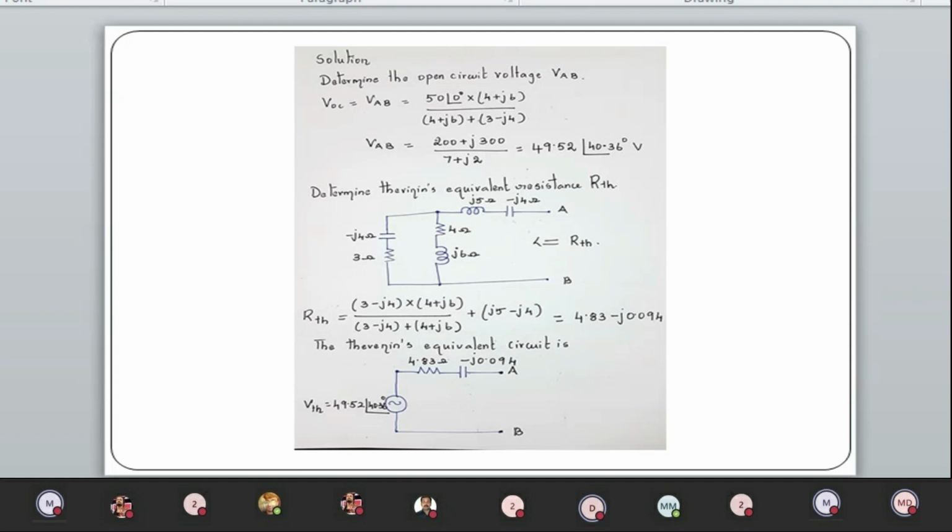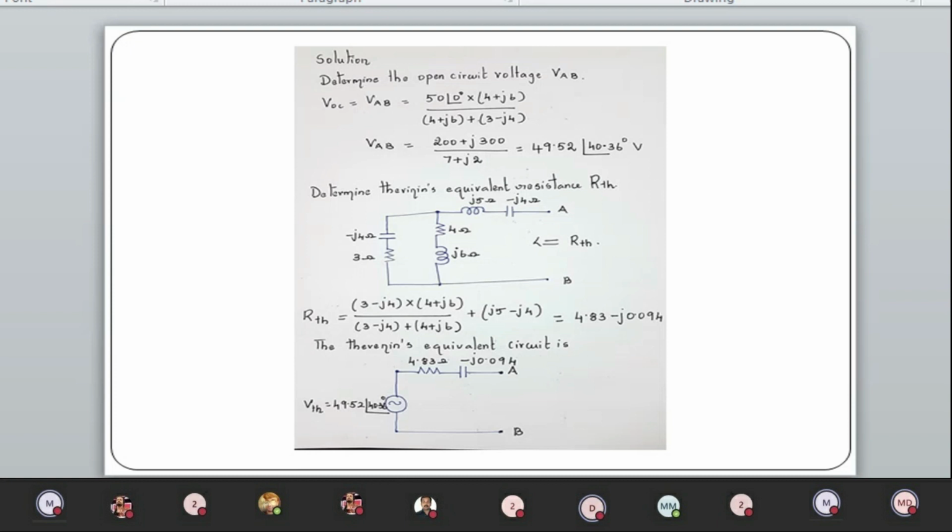So 50 into (4 plus J6) divided by (4 plus J6 plus 3 minus J4) is nothing but (200 plus J300) divided by (7 plus J2), which is 49.52 angle 40.36 volts. This is VAB.